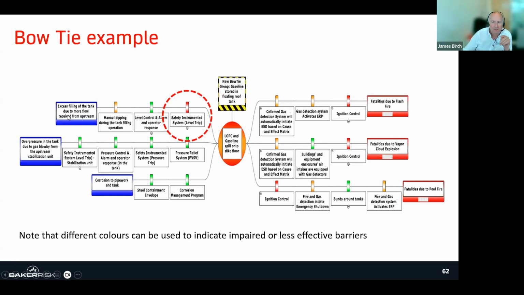My threat of overfilling was protected by manually dipping the tank once a shift. You notice I've colored it orange because it doesn't happen every shift. But I've got level control on the tank. I've got separate level measurement and an alarm to the control room. So that's good, that's green. But this one now, my high level trip has failed. So I've colored it in red.